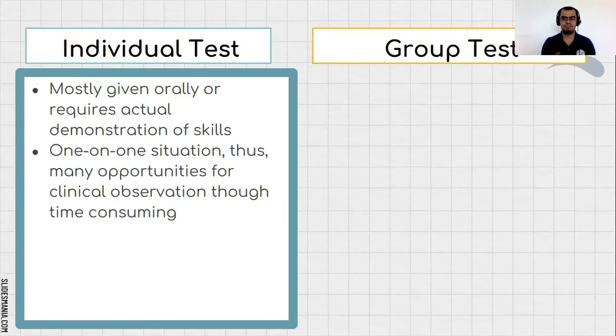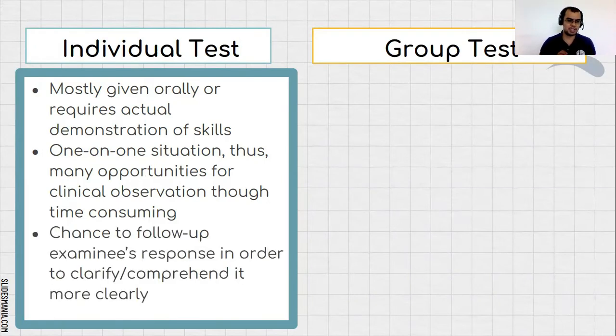So the teacher may ask questions for clarification, for points of emphasis, so that the students would be able to send the right message, because there are some situations that the message you are trying to send is not the same message that we receive. And there is a chance to follow up the examinee's response in order to clarify or comprehend it more clearly.